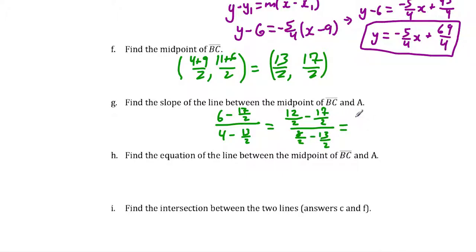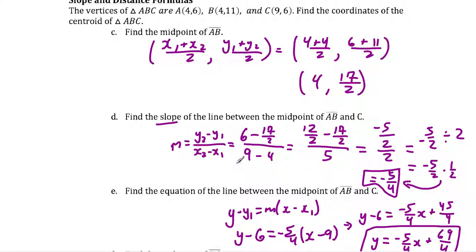So this is again negative 5 over 2 divided by, and this down here is going to be also negative 5 over 2. Well, when I divide something by itself, I just get 1. So that's simple.